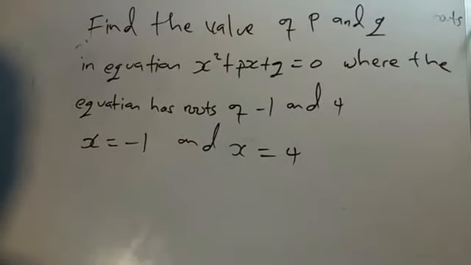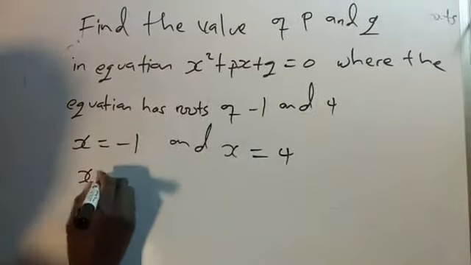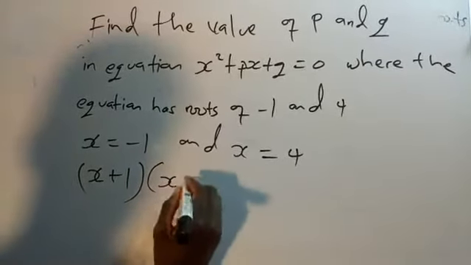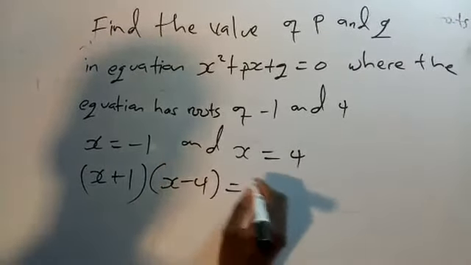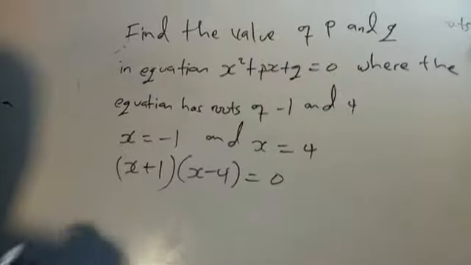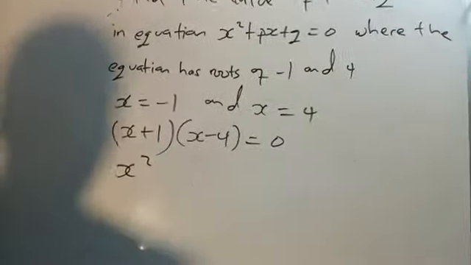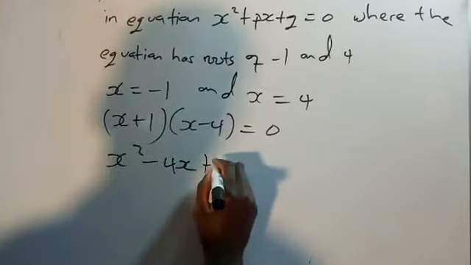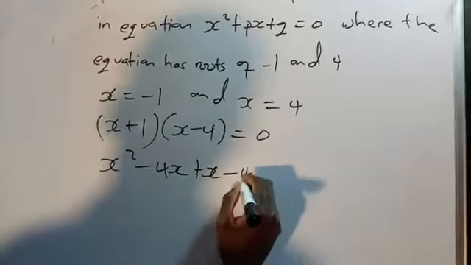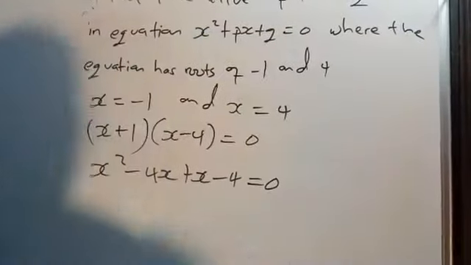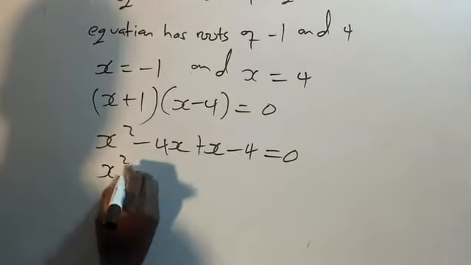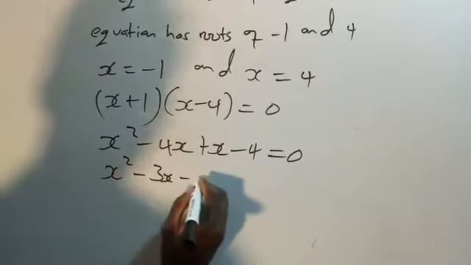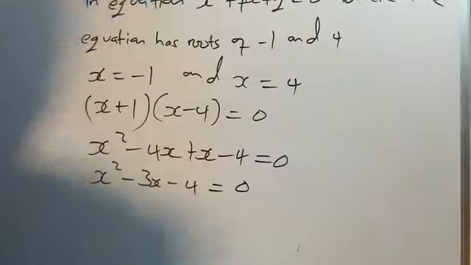By making an equation, it becomes x plus 1 and x minus 4 equal to 0. By completing the brackets, we become x squared minus 4x plus x minus 4 equal to 0, becoming x squared minus 3x minus 4 equal to 0.